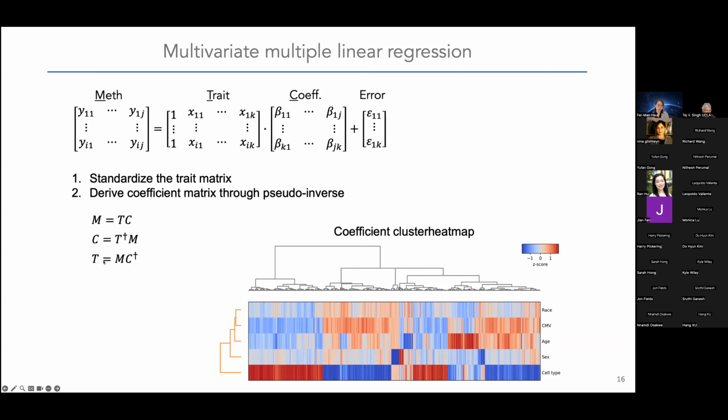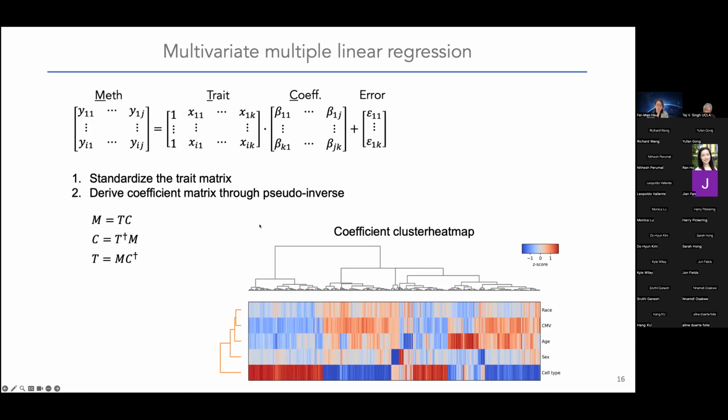Once we have the coefficient matrix, we can then predict the trait from the methylation with another round of pseudo-inverse of this coefficient matrix.